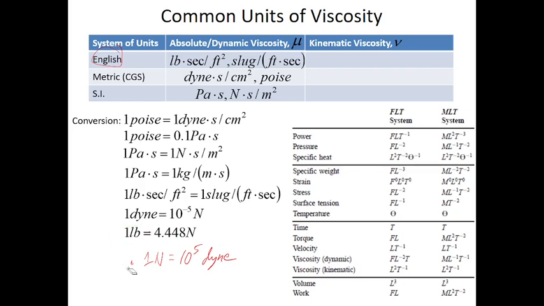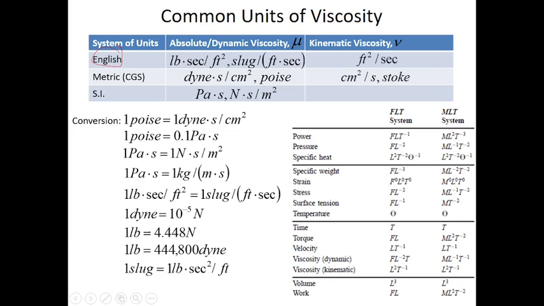No? Or, tapos meron ka dito, 1 pound, 4.448 Newton. No? 1 pound, 444,800 dynes. Okay? 1 slug, 1 pound second squared per foot. No?